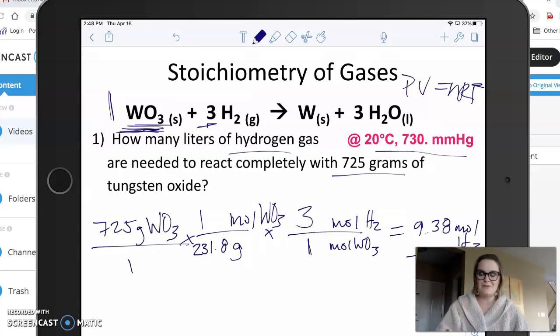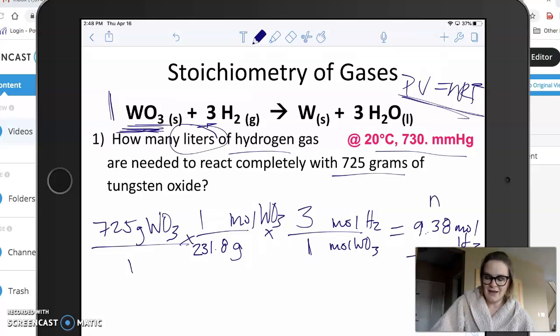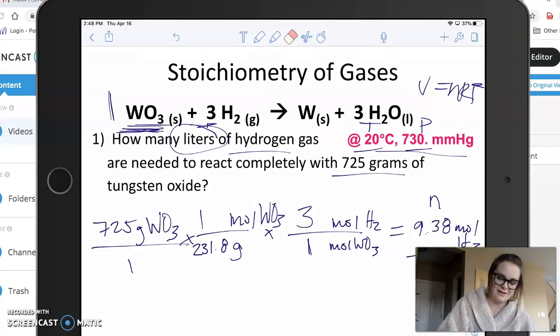H2 is a gas. That means we can use the ideal gas law. What's the problem asking for? Liters. So I now know n, I know the temperature, and I know the pressure. All we're going to do is solve for the volume using the ideal gas law, plugging in all of our variables that we know.